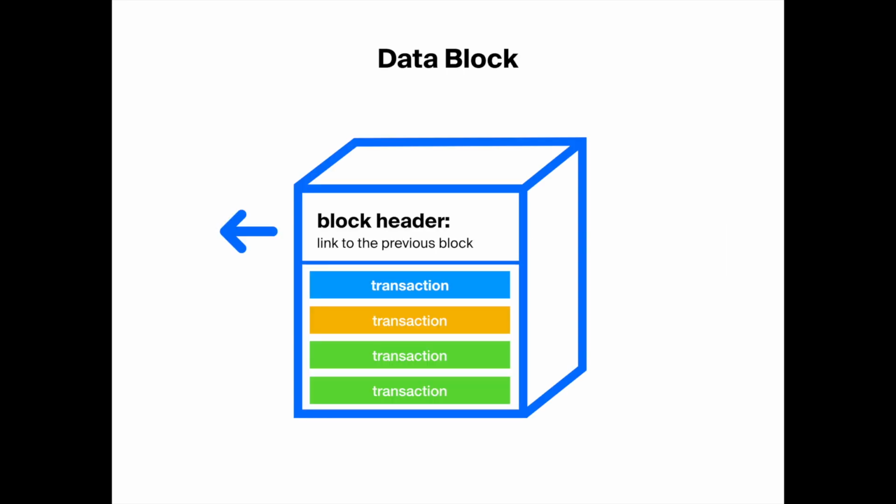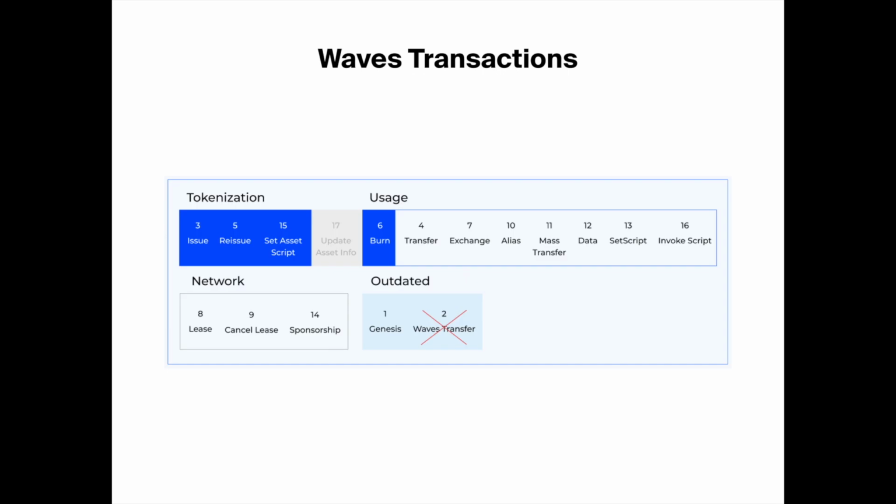But the most important thing is that each block stores many transactions. Transactions. Maybe you heard this word. For sure you heard it in terms of the financial world, but it's not only about finance. For example, in Waves, we have 16 types of transactions.